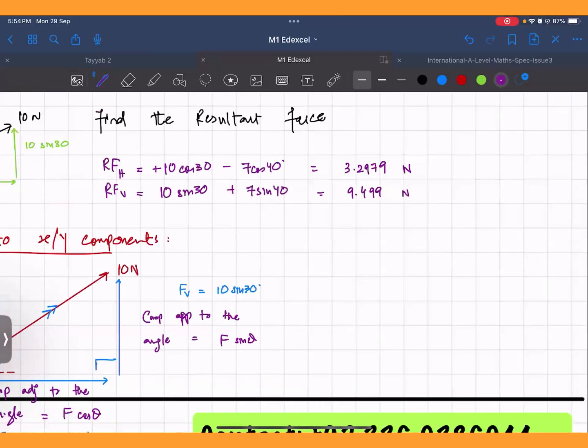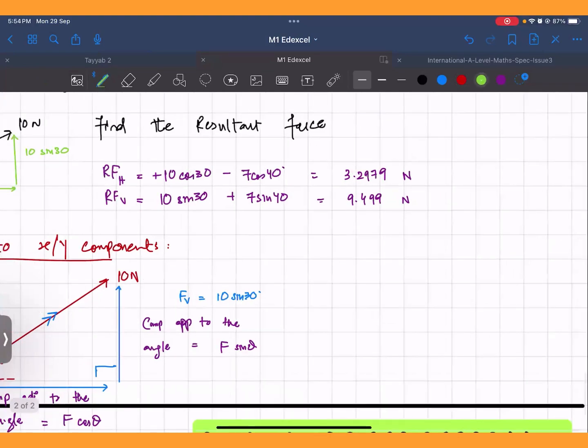Now the overall resultant force with the direction and everything. If you draw these resultant forces of the horizontal and vertical components, you will get a diagram something like this. The horizontal component is positive, 3.2979. And the vertical component is again positive, so it will be going upwards, 9.499.